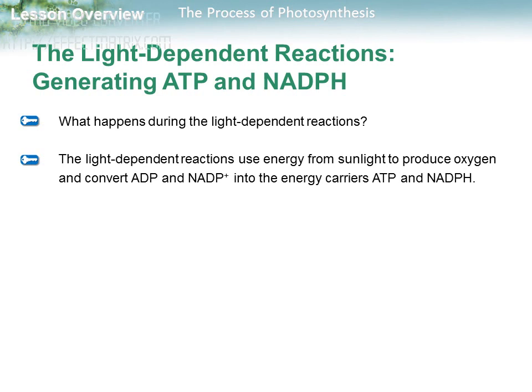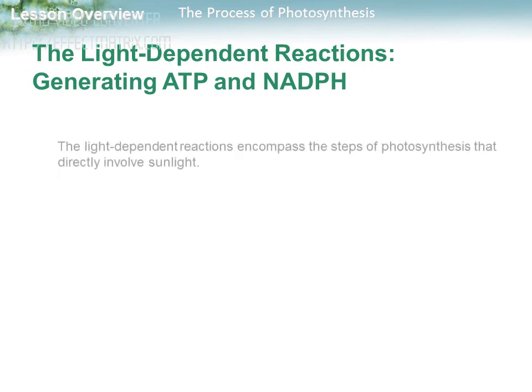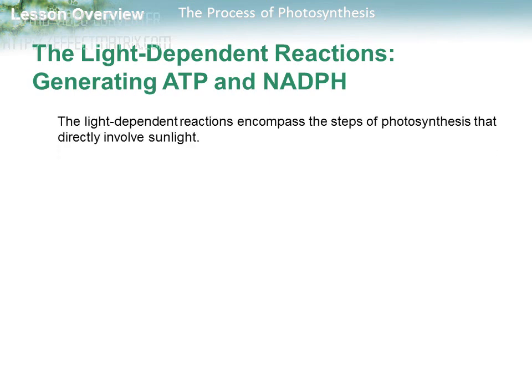The light-dependent reactions use energy from sunlight to produce oxygen and convert ADP and NADP into the energy carriers ATP and NADPH. So the light-dependent reaction encompasses the steps of photosynthesis that directly involve sunlight.